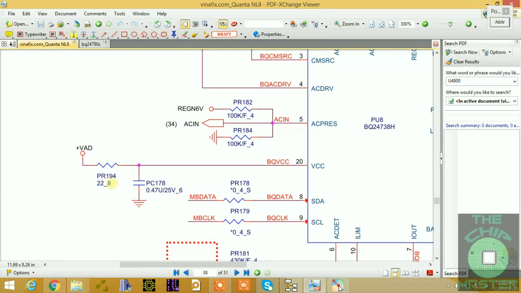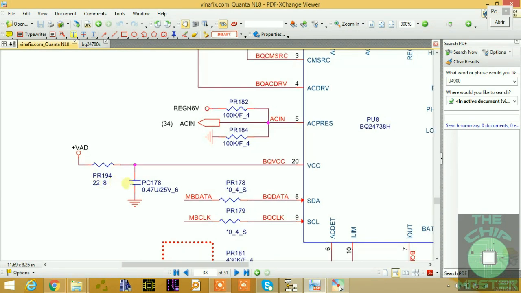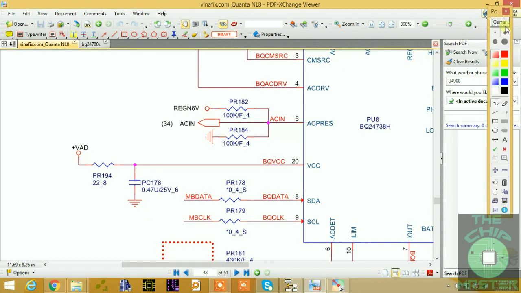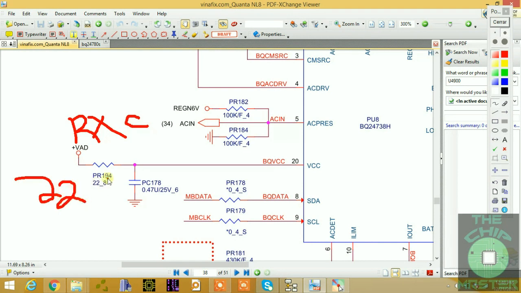So PR94, PR194, and PC178. As I said before, the delay is the resistance multiplied by the capacitance. So R multiplied by C. If this is 22 kilo ohm, so 22 kilo ohm multiplied by 0.47, can anybody tell me the answer for this delay?